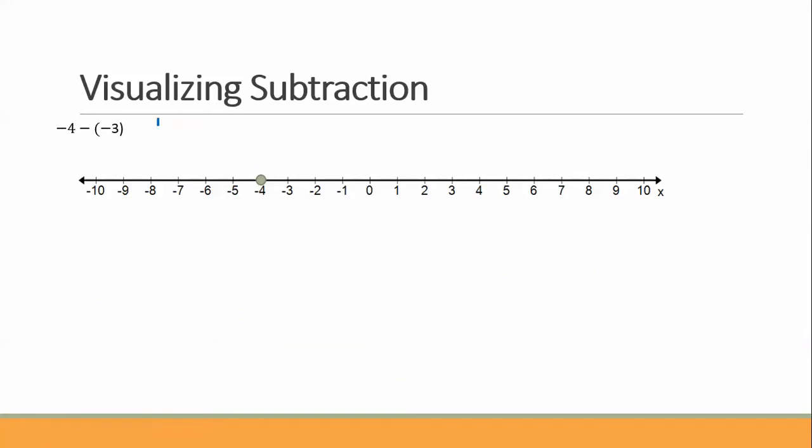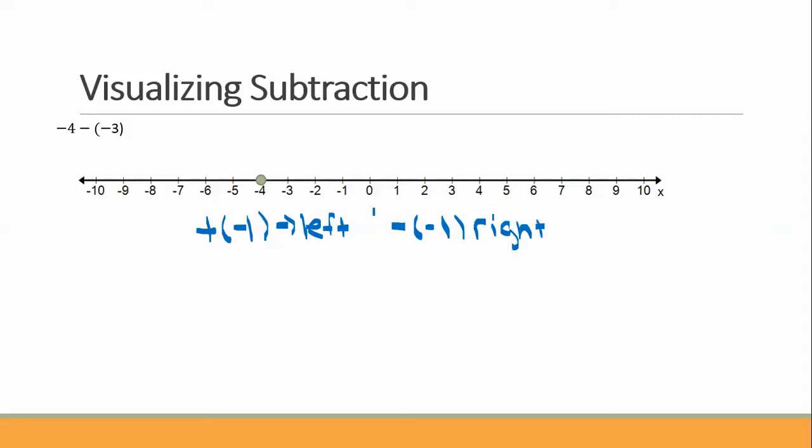Now, this one we're subtracting a negative. So we have -4, and we're subtracting -3. Remember when we added -1 in the addition module, when we added -1, we moved to the left. So if we're subtracting -1, this time we're moving to the right.